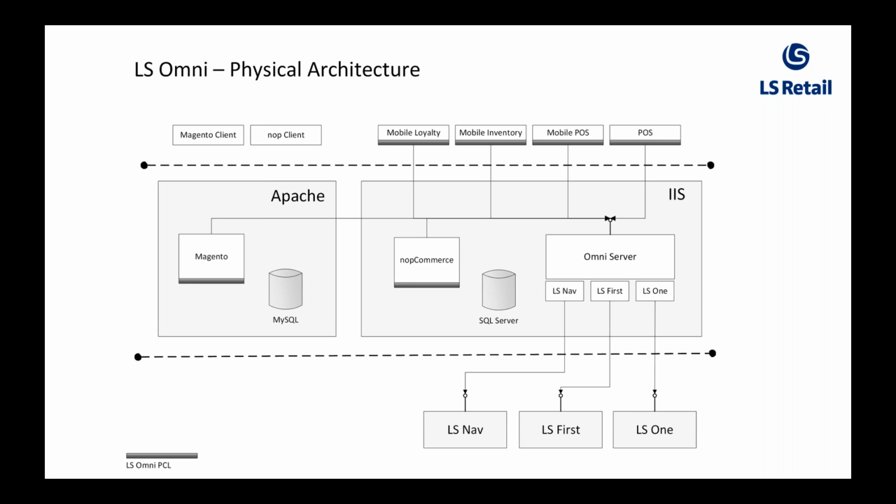So what we can see by these changes is that we are effectively categorizing our LS Omni solutions or LS Omni apps into two families, so to speak. We have the customer-facing solutions, and then we have the sales associate-facing solutions. The customer-facing solutions would be the e-commerce clients and the mobile loyalty app. And the sales associate-facing solutions would be our mobile POS and our mobile inventory app.